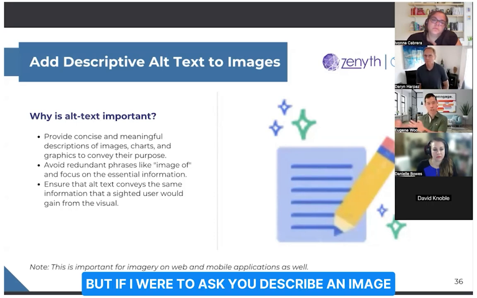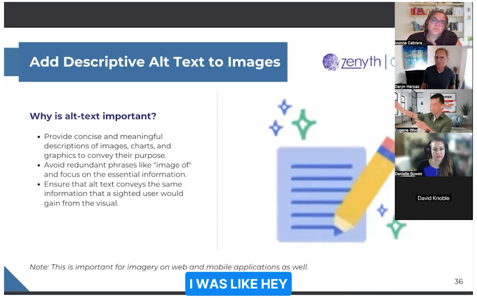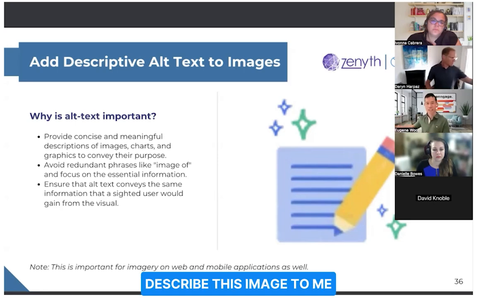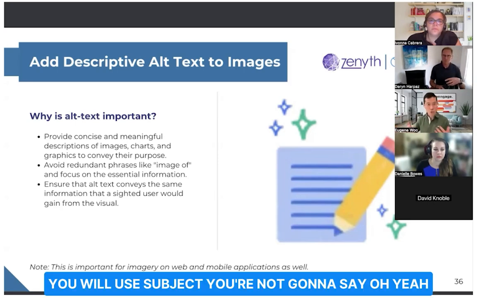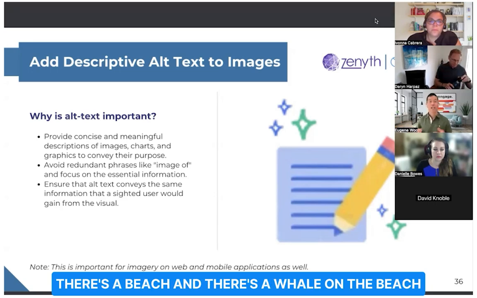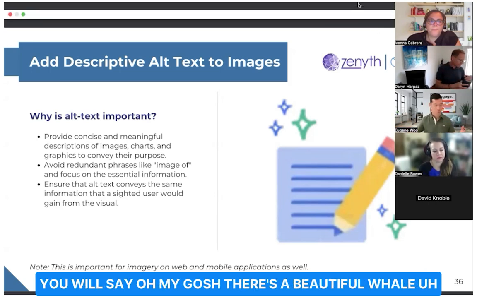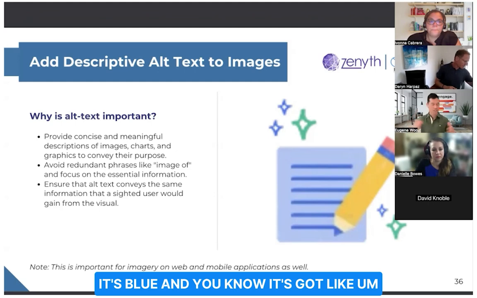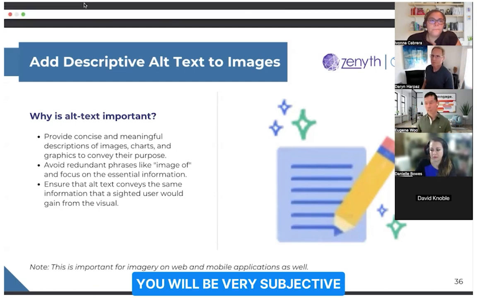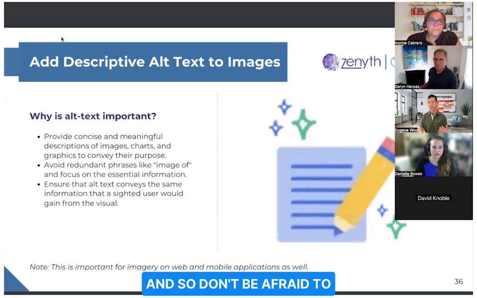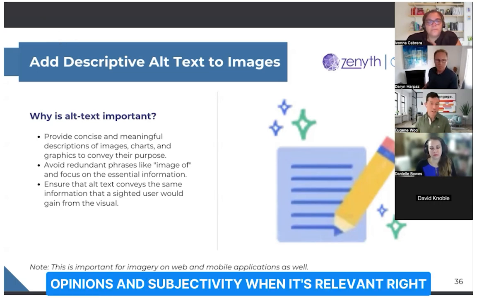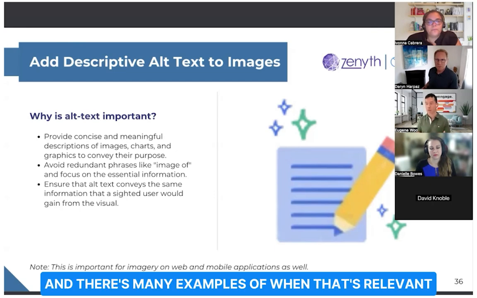But if I were to ask you to describe an image, let's say you went to the Maldives, describe this image to me. You're not going to say, oh yeah, there's a beach and there's a whale on the beach. You will say, oh my gosh, there's a beautiful whale. It's blue and it's got these things on its body. You will be very subjective, and so don't be afraid to actually put your own opinions and subjectivity when it's relevant, right? And there's many examples of when that's relevant.